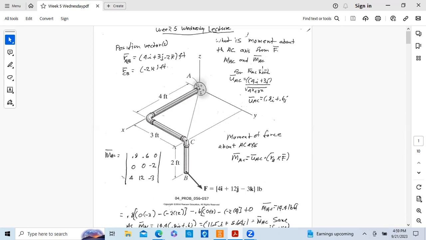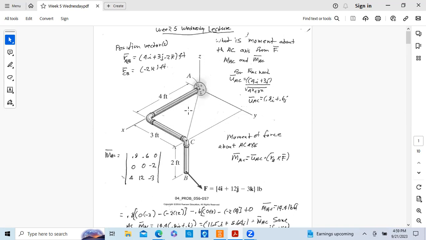Now, in order to do the problem, we need to find the unit vector of AC first. The way we get the unit vector is, again, from the origin, 4i plus 3j.